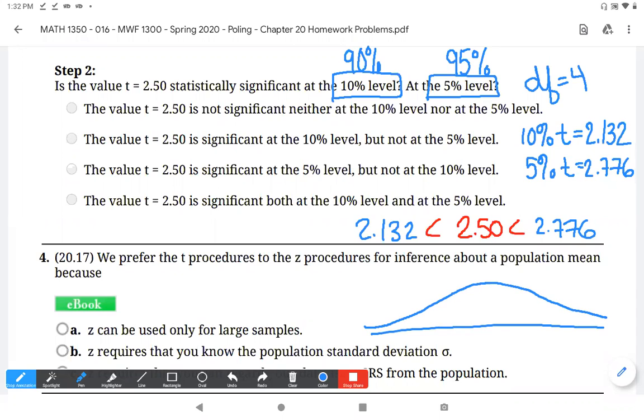What we're looking at here are a couple of cutoffs. One for a 10%, one for a 5%. The 10% cutoff was a 2.13, and the 5% was a 2.78. And these are t-scores this time.